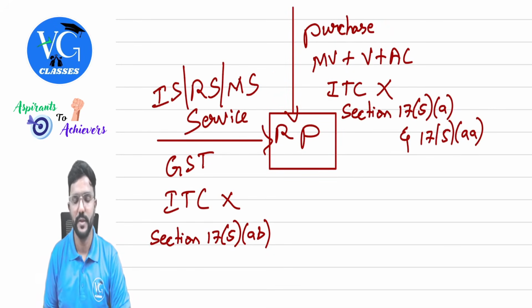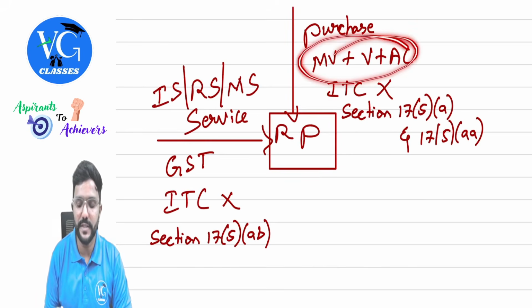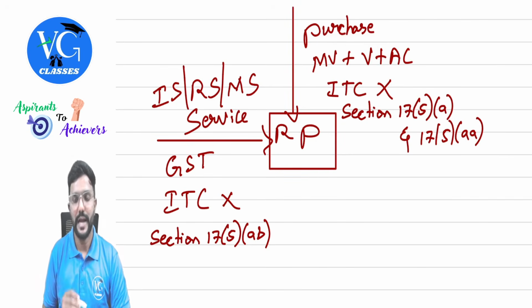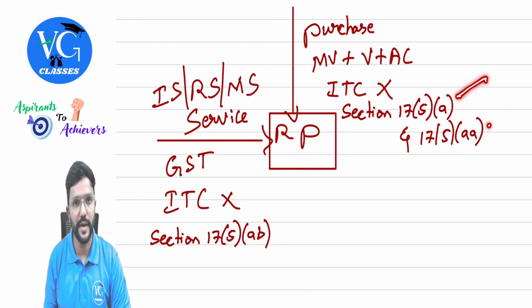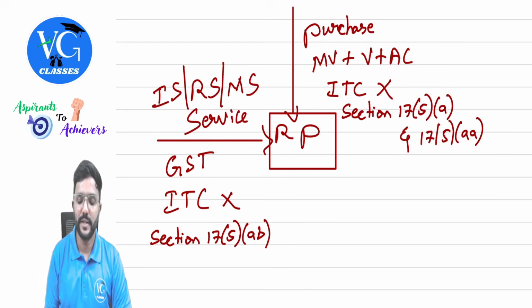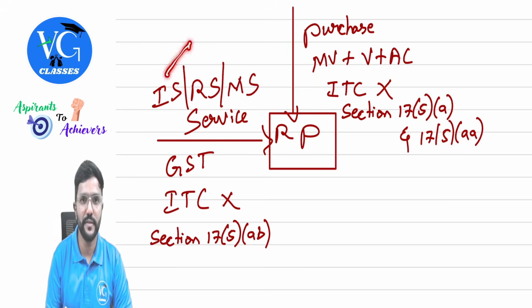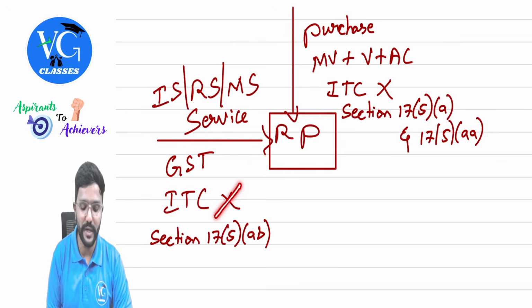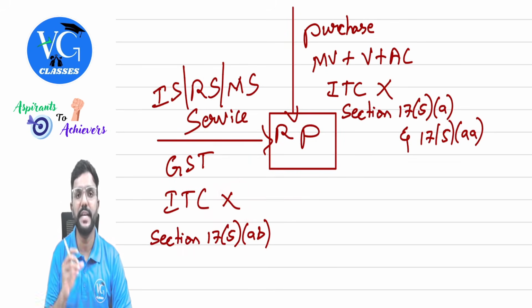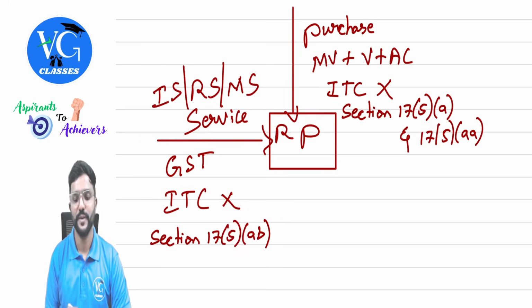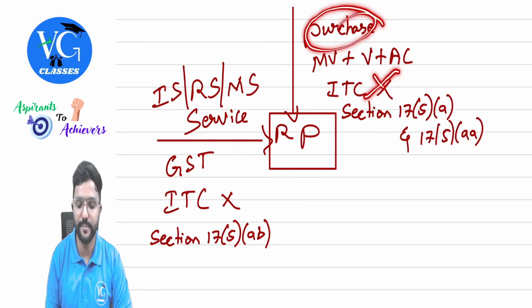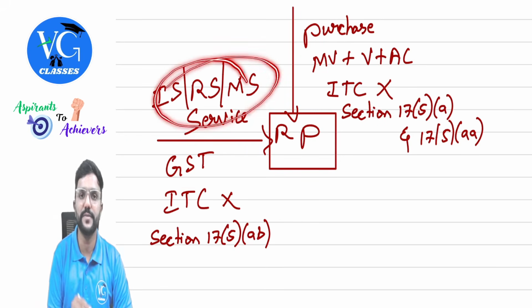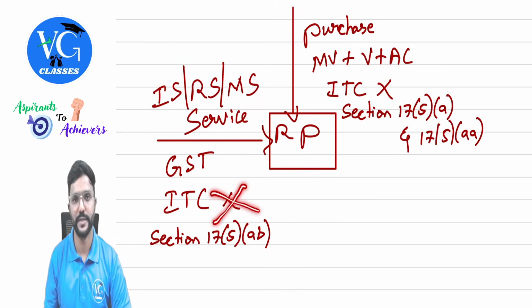On purchase of any of this, if credit is not available as per section 17(5)(a) or AA, then for this motor vehicle, vessels or aircraft, if you take any insurance services, repair service or maintenance service on which he has paid GST, credit is not available as per section 17(5)(ab). So if on purchase credit is blocked, even for the services, credit is blocked.